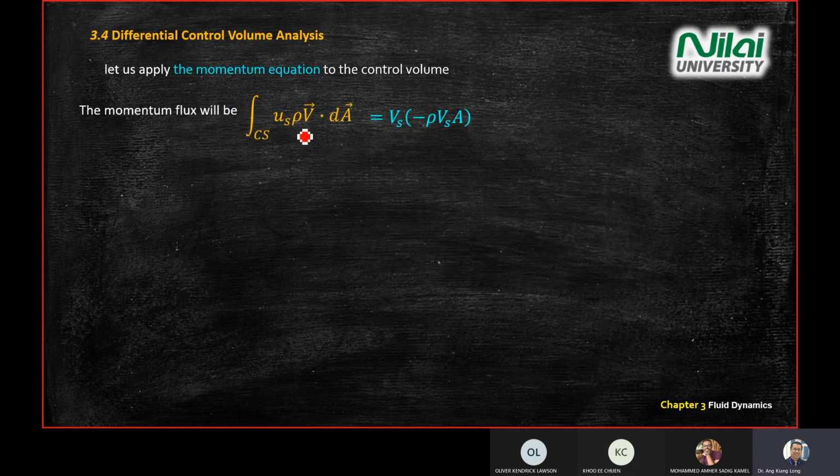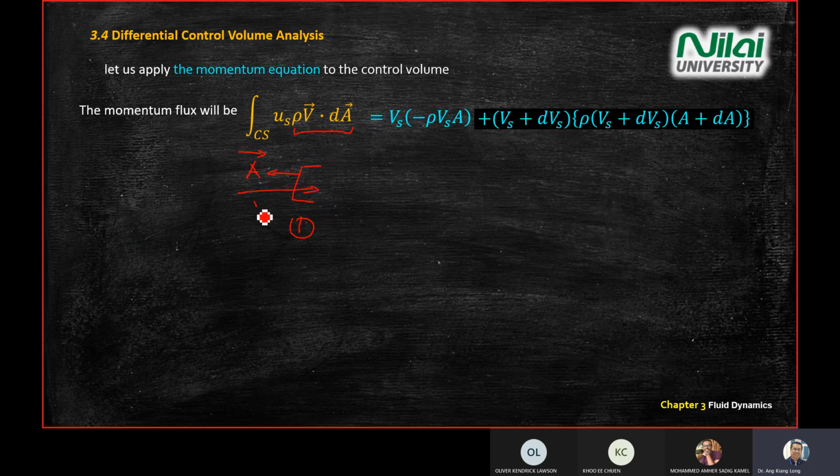And then this one, if you do the conversion, you will get two terms again. You know how we get the V dV already. The area vector is always pointing out, and for section 1 or inlet just now, the velocity is going this way. So you get a negative sign over here for this term.